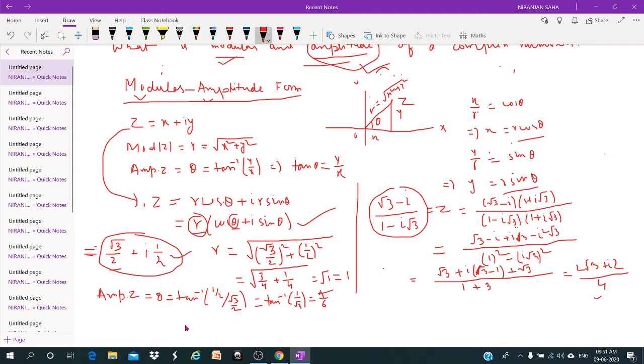Now we can very easily get the modulus-amplitude form. It can be written as z = r(cos θ + i sin θ).